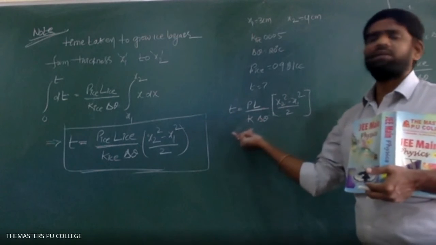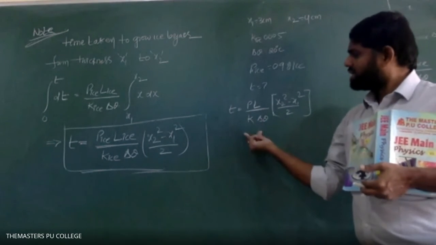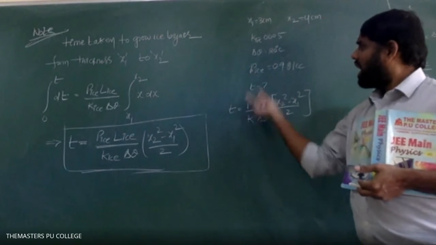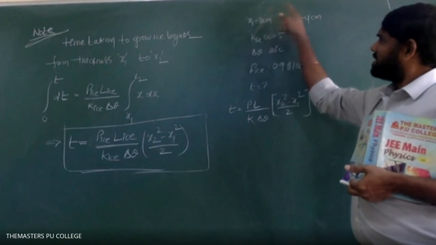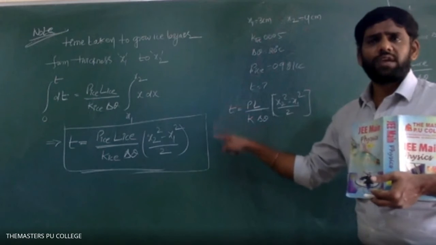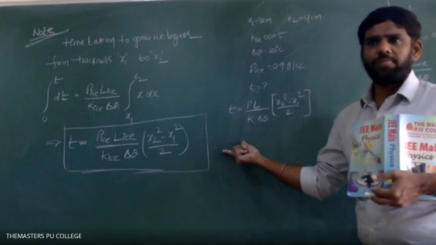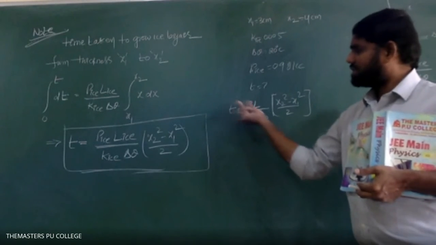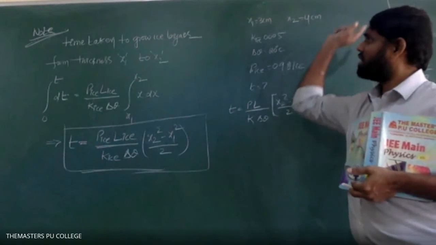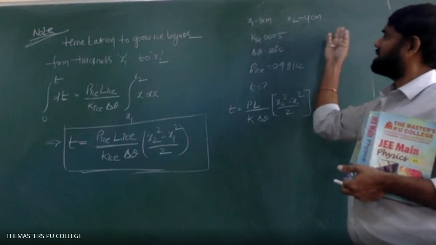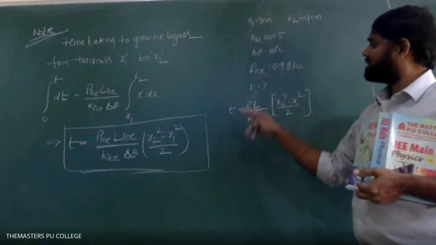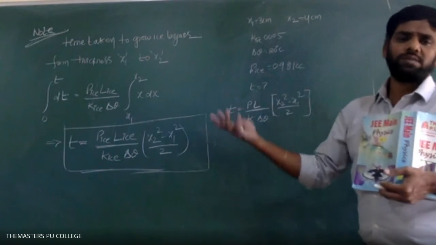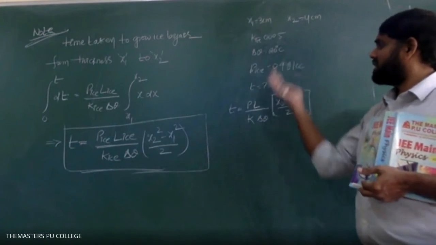And the SI unit of time is also second. Whether you change everything into SI units or keep it in CGS units, you will get the time in seconds only. That's why there is no need to change anything here.